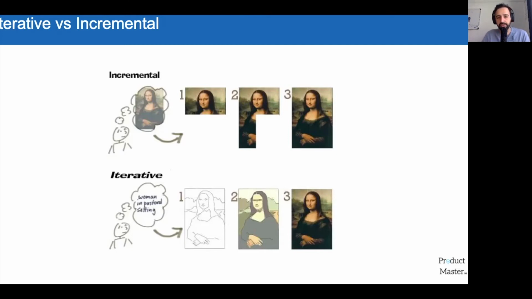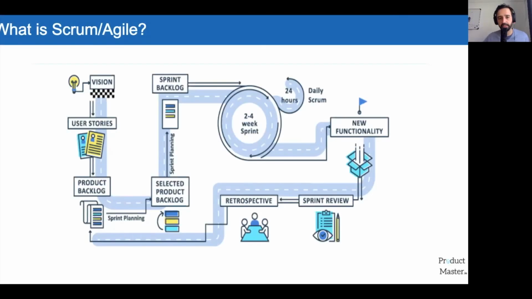There's also the iterative way of doing things, where you have an idea of where it's going to go, and then you iterate on top of your initial start. So you get your pencil out, you start drawing before you even add the paint, and you build on top, on top, on top. These two concepts are very important in understanding how Agile applies to your product development. This diagram is a nice way to put it into a picture for us.